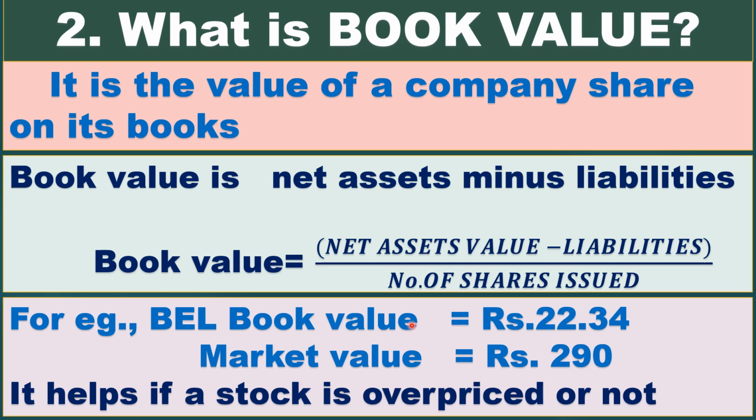It helps to see if a stock is overpriced. In this case, you see it is overpriced, because its book value is the value of the company share, but in the market its value is very, very high.